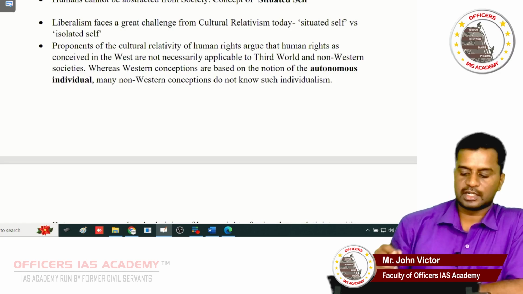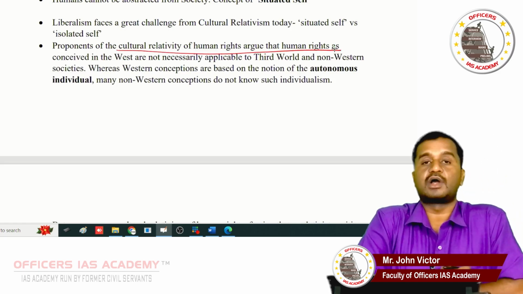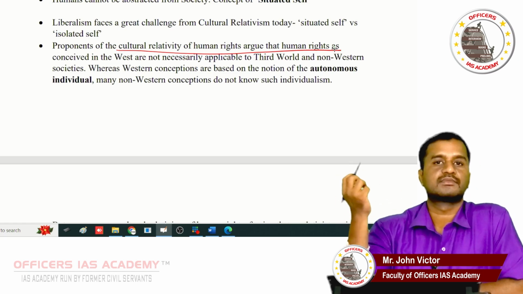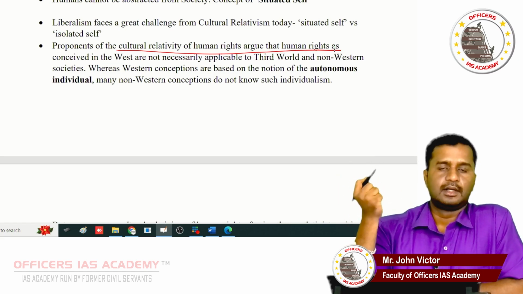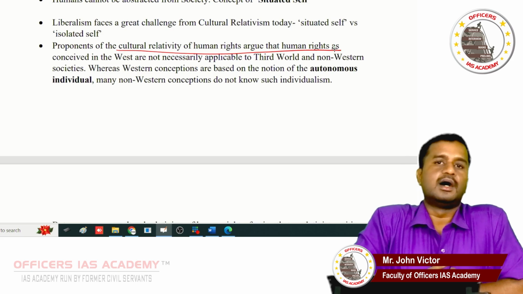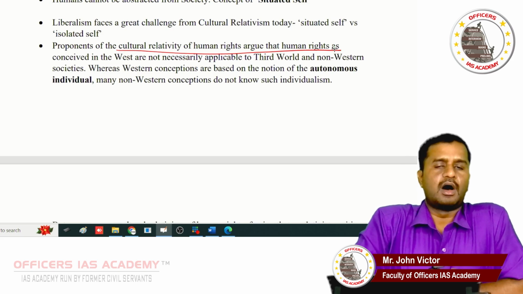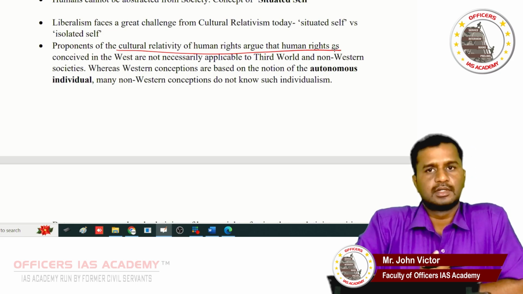The supporters of cultural relativism argue that human rights conceived in the West are not applicable to the non-Western societies. Countries like China, North Korea, Venezuela, Russia, they hold this opinion. According to them, it is not compulsory or appropriate for the Western countries to enforce their ideology on the non-Western world.